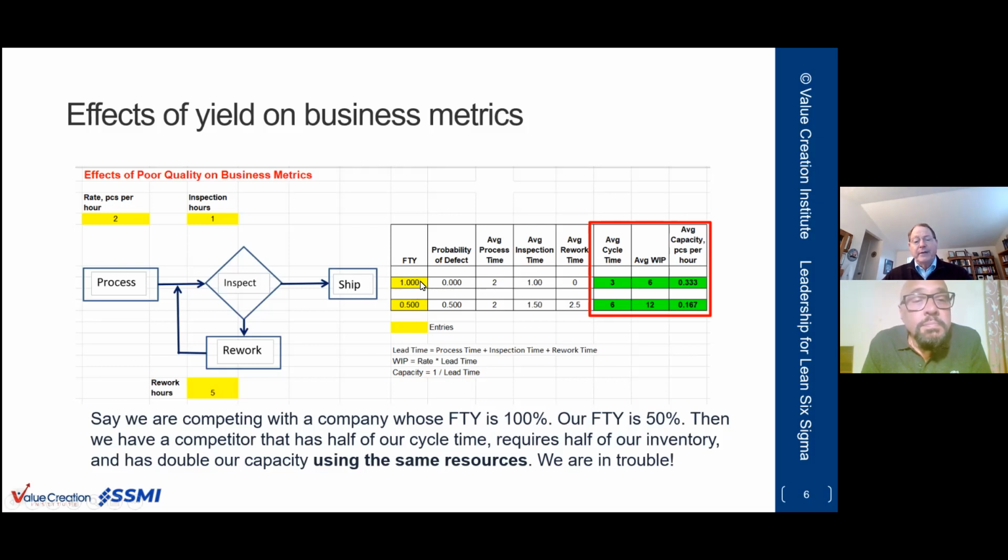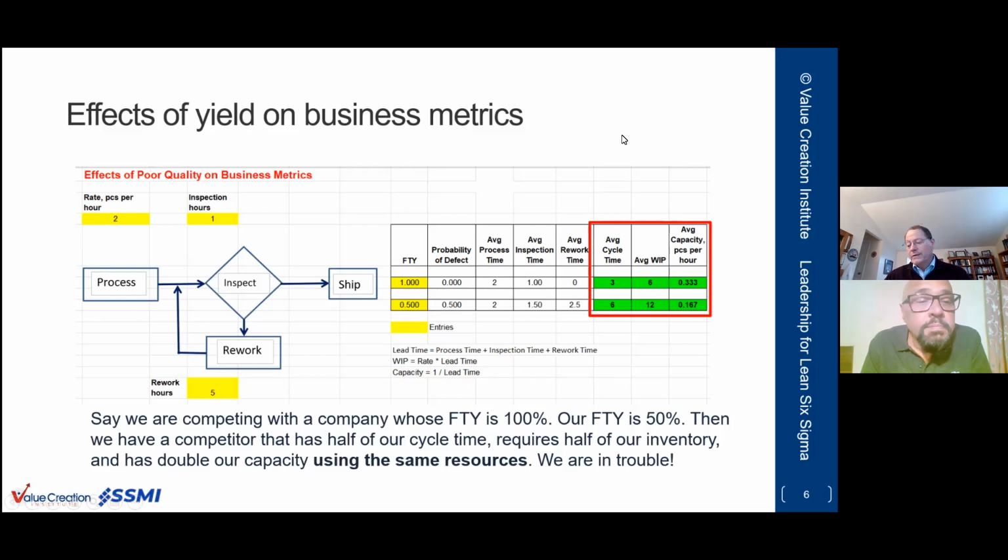Let's say this is a competitor of ours whose first time yield is high, 100%. And let's say for us, we only get it right 50% of the time, half the time. We only get it right half the time the first time. And then that's going to involve extra resources.